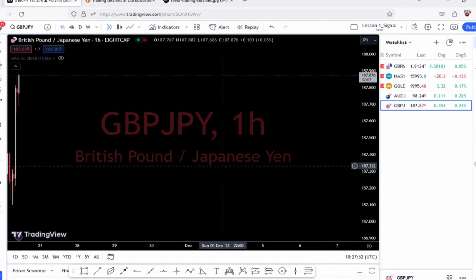There are also others called exotics, which are pairs that involve currencies from emerging countries or markets like Mexico, South Africa, and Turkey. The most famous example is USD/ZAR, where you trade USD for South African rand.